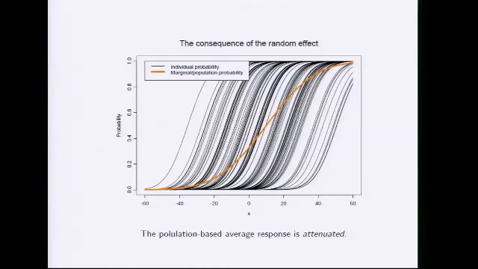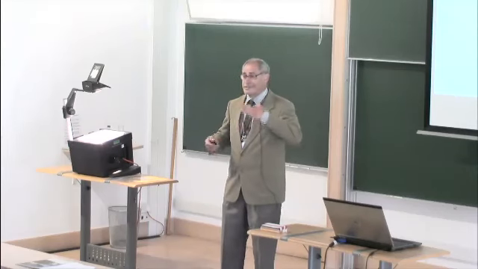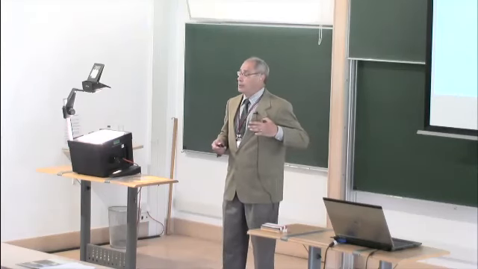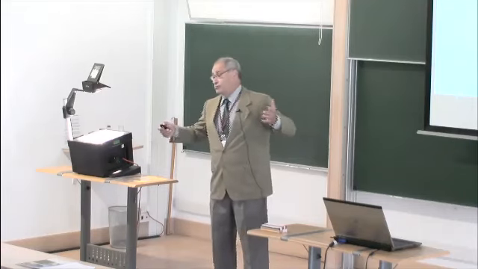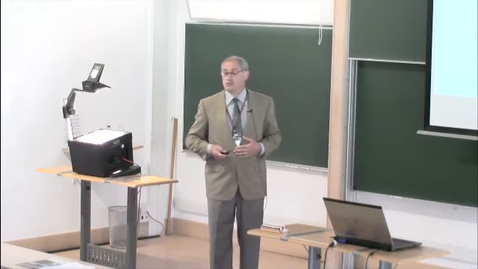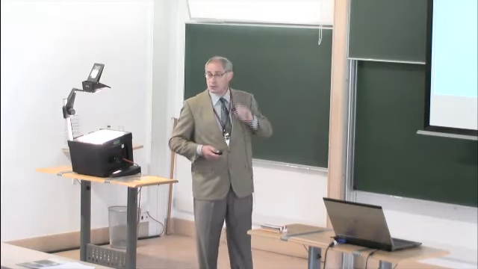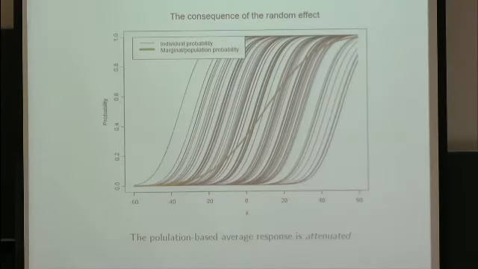The marginal probability can be computed simply by averaging curves right here. So remember that the marginal probability flattens out your model when probit regression, even logit regression, has a random effect. So don't forget about interpretations between the marginal model and the individual model.